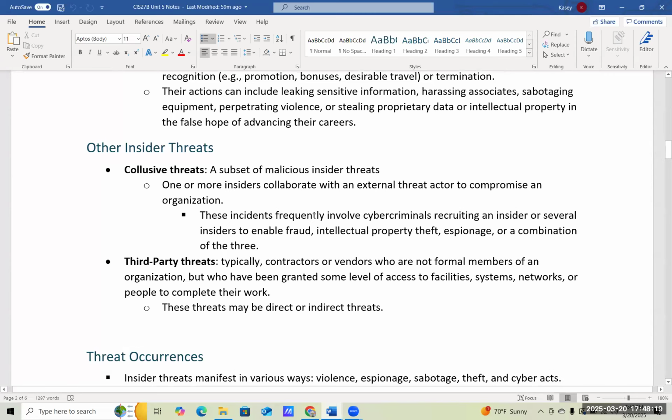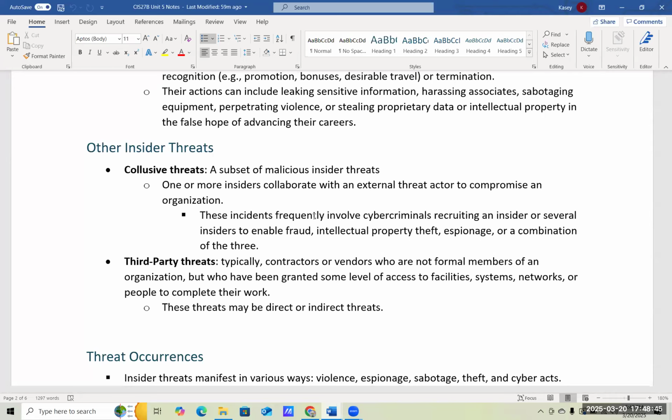And then you have the third party threats. These could be partners or contractors, people that are affiliated with your organization, like vendors. They would be able to access some resources or systems, like inventory databases if they're suppliers, or networks.